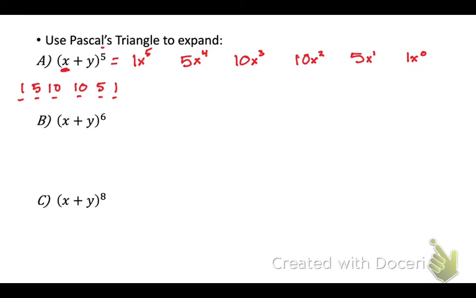Okay? Now, whatever the second thing is going to go up. So y to the 0, y to the first, y to the second, y to the third, y to the fourth, y to the fifth.